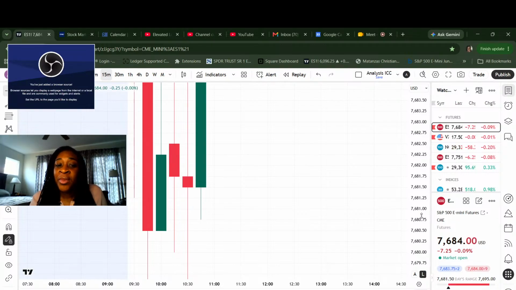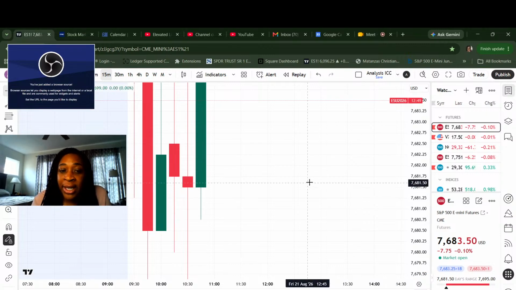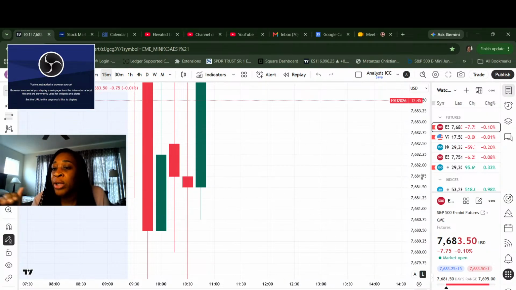Not quite. In the ES market, there are points. Each point is like a whole number, so a point would be 7680, 7681, 7682, right? But within each point are 4 ticks, and that's where you get the quarters: 80.25, 80.50, 80.75.